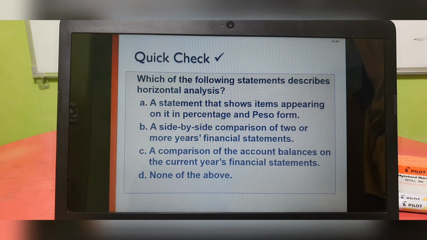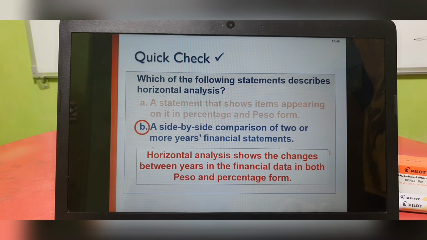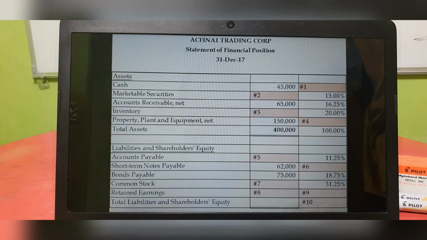Parang C, a comparison of the account balances on the current year's financial statements, or parang D, none of the above. So what's your answer? May answer ka na? So let's reveal. It's B. A side-by-side comparison of 2 or more years financial statements.